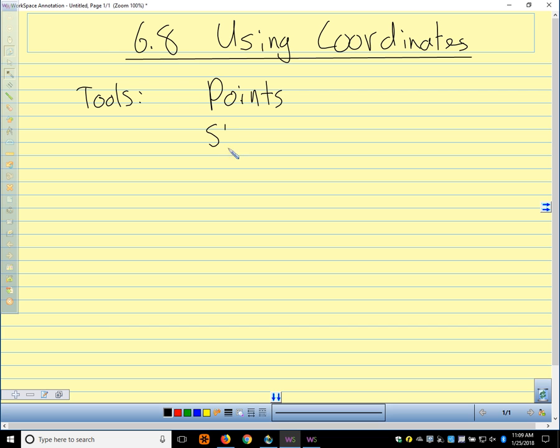We're going to use slope, and we talked about using slope to find out if sides are parallel, like we did on the opener. We're going to use the distance formula to decide if sides are the same length. And we'll use the midpoint formula to find midpoints or bisectors, something to do with the middle of segments. Same tools that we've had before.